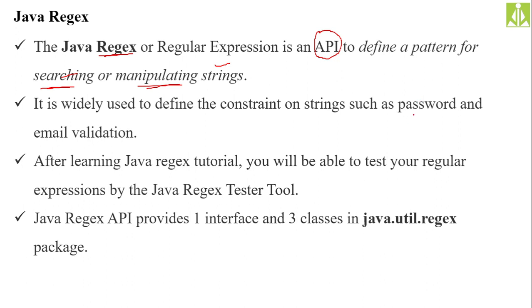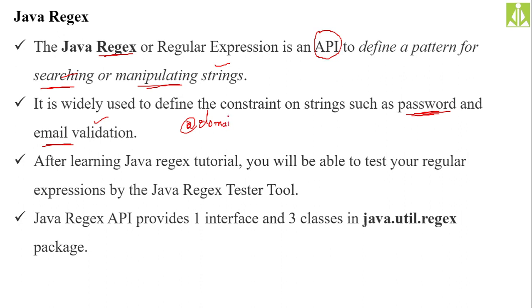Let us say you are entering a password, or you are entering an email. Validation in the sense, an email must and should contain an at the rate followed by some domain.com, isn't it?